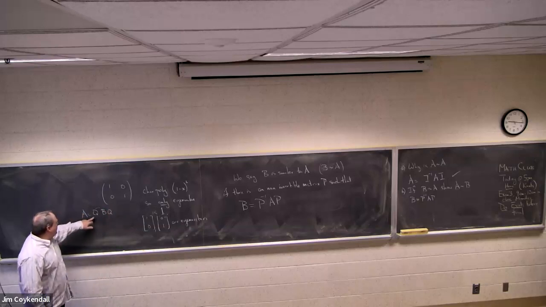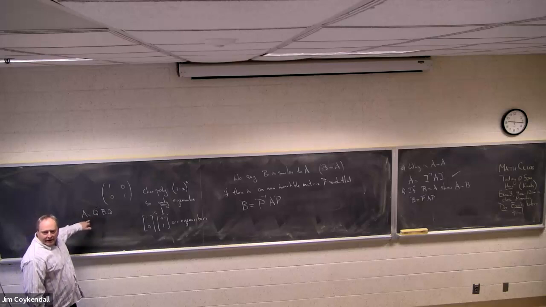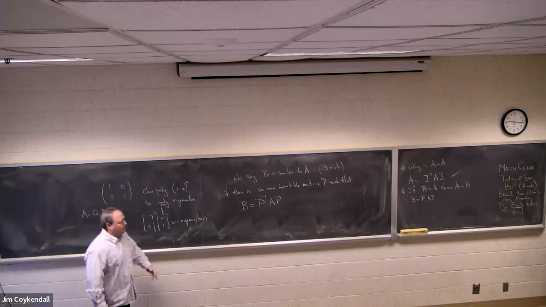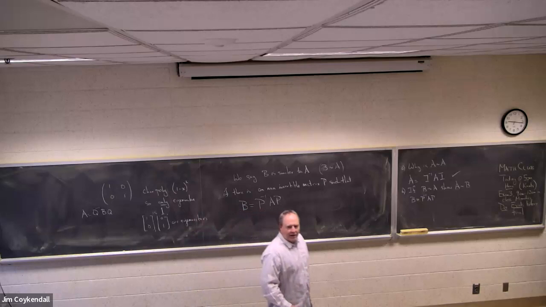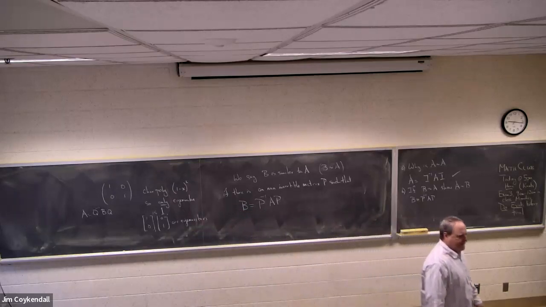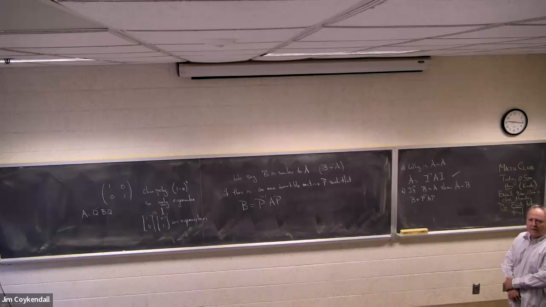I've got to find another invertible matrix so that A is similar to B. What should I do? Oh dear, help me. Multiply by P on both sides.